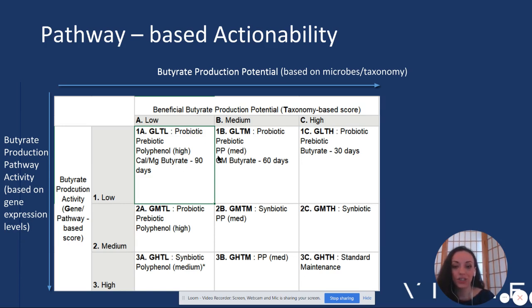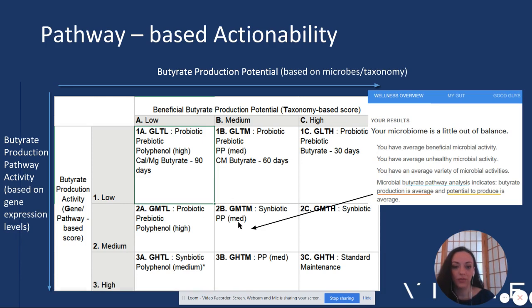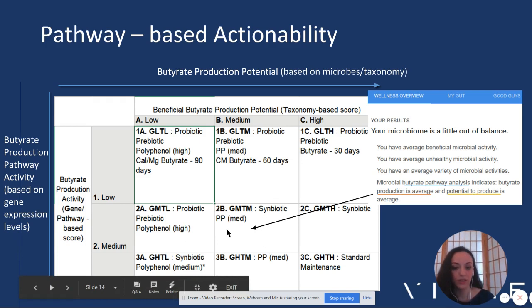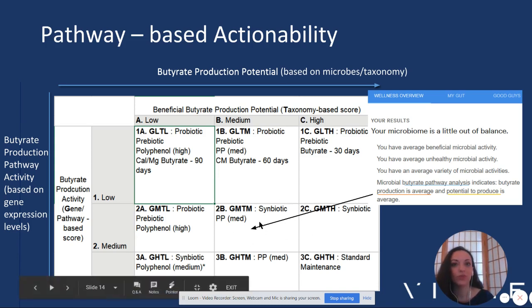But just in general, to give you a sense of how this all plays into recommendations, let's imagine this scenario. This one is kind of boring actually, because you have average production and you have average potential to produce. So you're smack in the middle, in what we call the 2B square internally. That is medium activity and medium taxa. So you would get one type of recommendation set.